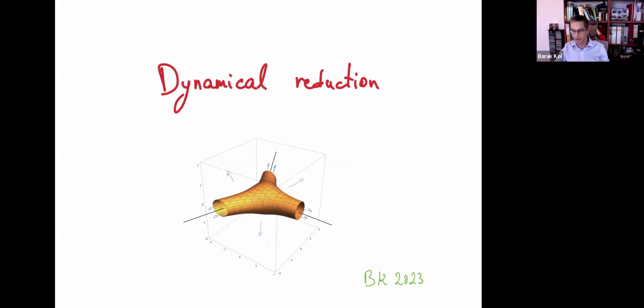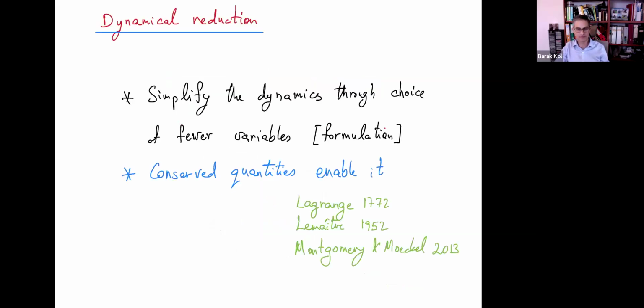And in the figure that we see here, somehow the three-body system will be represented by a point moving in this joint of three pipes. So this is where we're heading right now. We're going to simplify the dynamics through a choice of fewer variables.